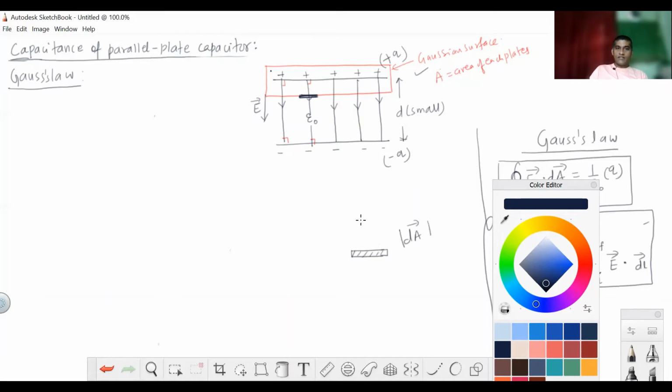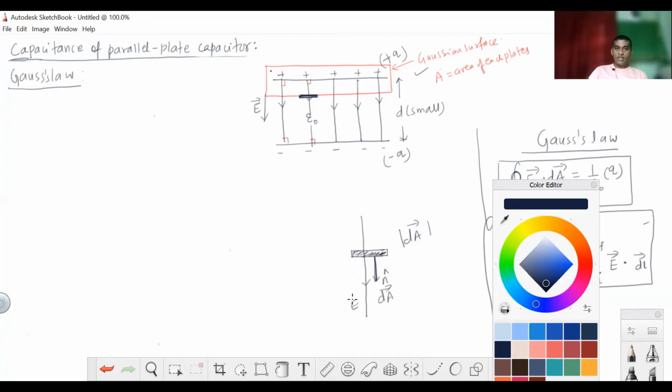Since the electric field lines are crossing normally through this area, let us draw a unit normal n cap, and this unit normal gives the direction of vector area.